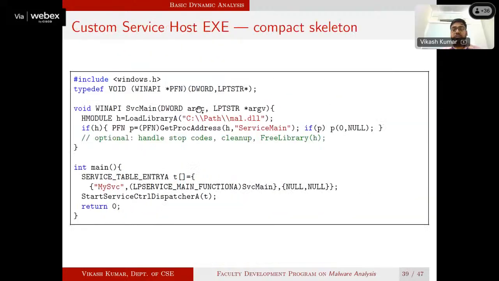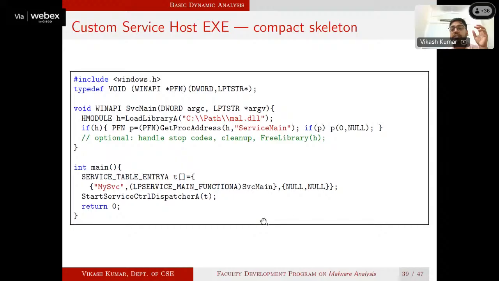If you go through this simple code, just look here. This is start service control dispatcher. It is saying that you should register this function, and which function will be provided by the service table entry. And this service table entry is a kind of array.